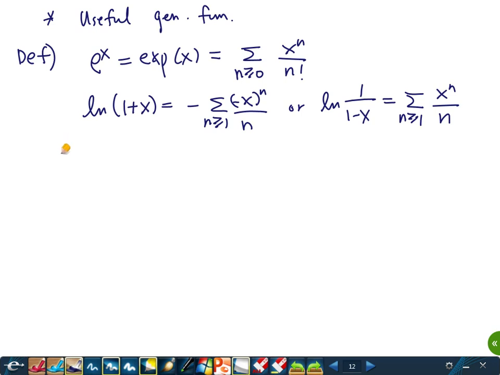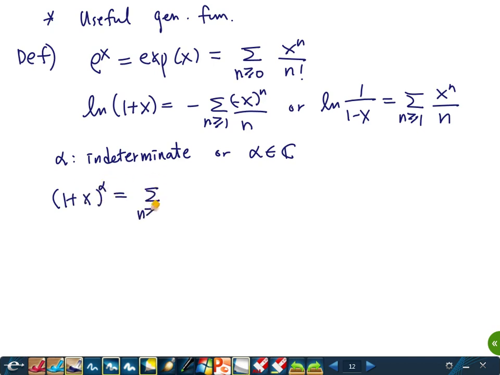And alpha is an indeterminate, or you can think of this as any number, complex number, or indeterminate or variable, then this is a definition. Where this binomial coefficient is defined to be this polynomial.